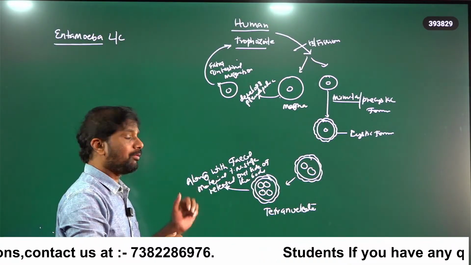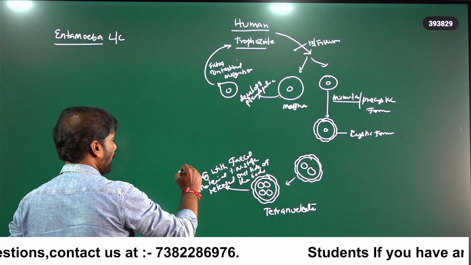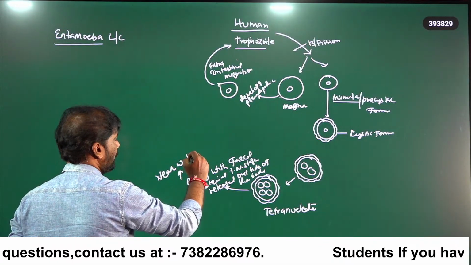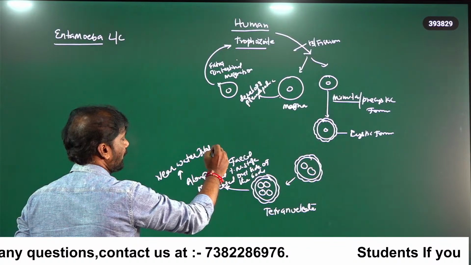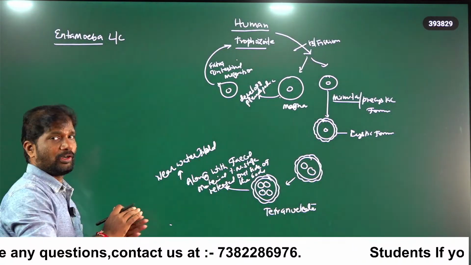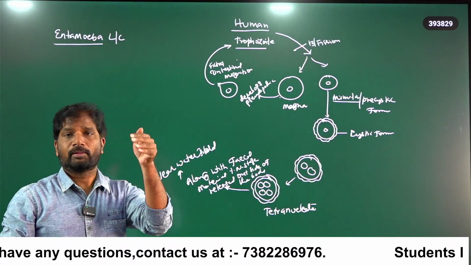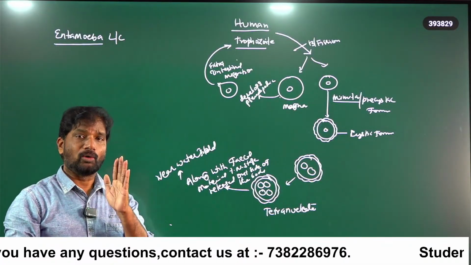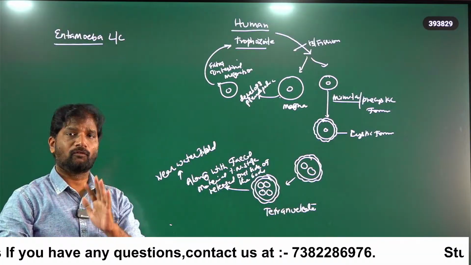Suppose this fecal material is released near the water field. Now these tetranucleated stages are mixed with the water, and that water is known as contaminated water.